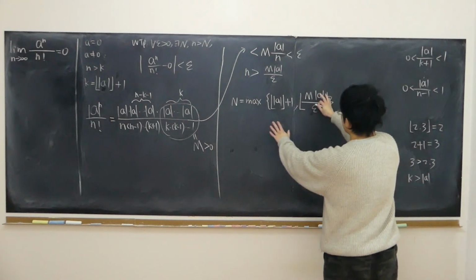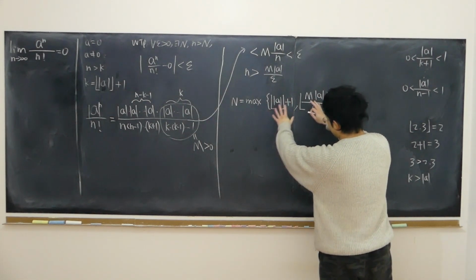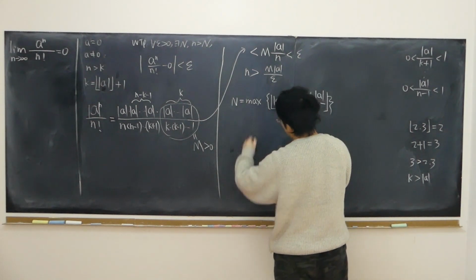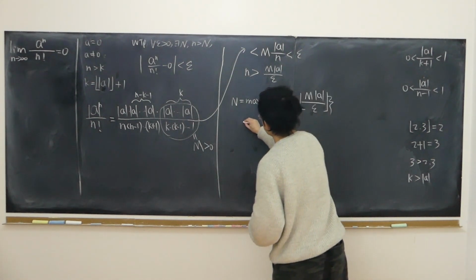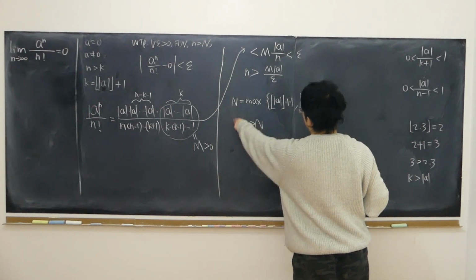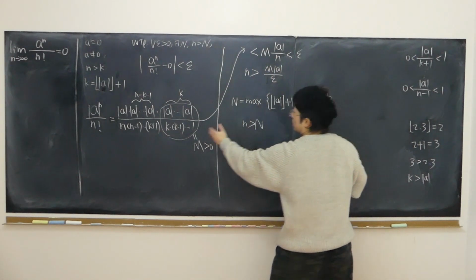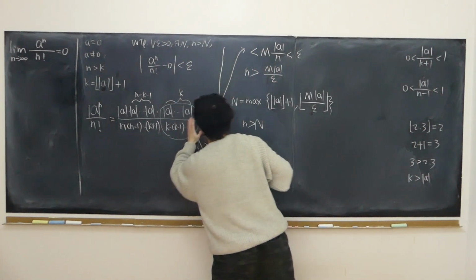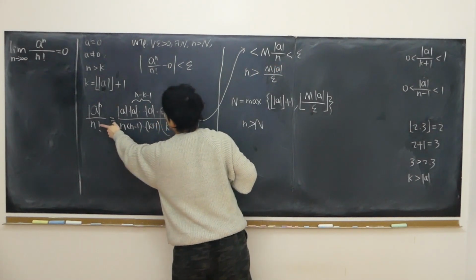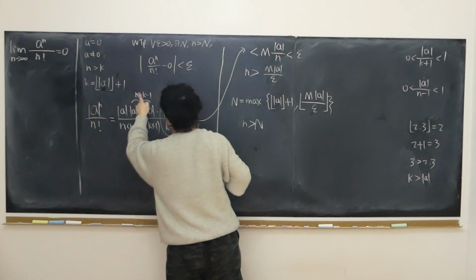So this is also a positive integer. We can take the larger positive integer out of those two positive integers to be my capital N. So as long as little n is larger than this capital N, then this inequality is true.